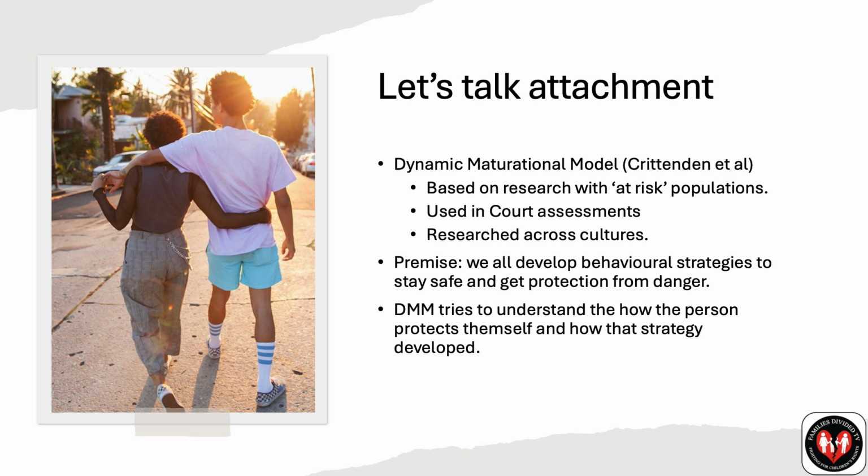Our main motivation in life is to get to maturity so that we can reproduce, and hence the survival of the species. So it's very important that we stay out of danger, and that we have protection from danger, and that we get comforted in order to keep ourselves safe.